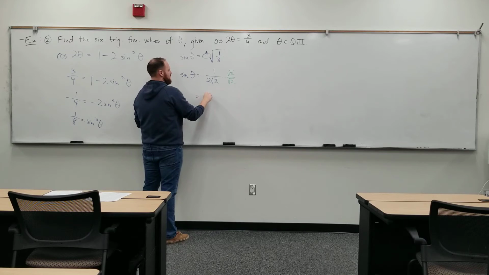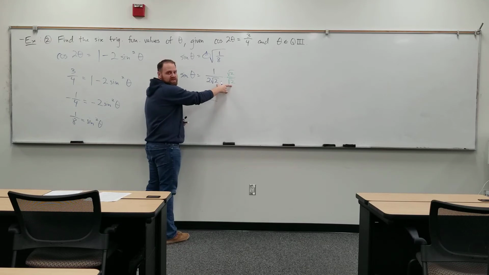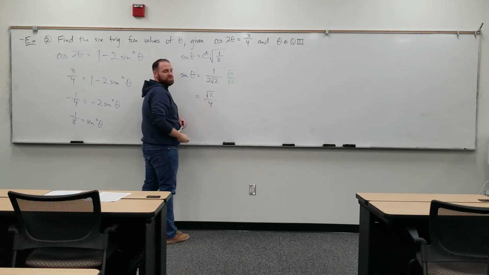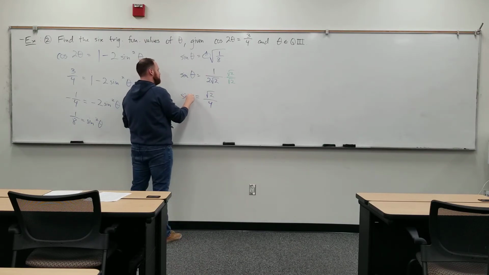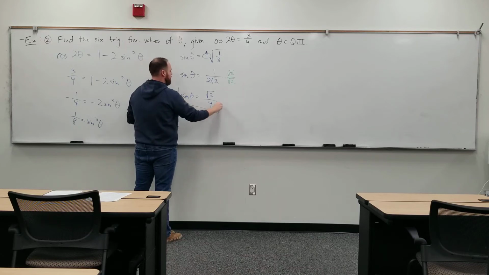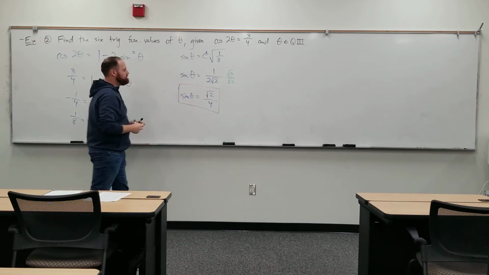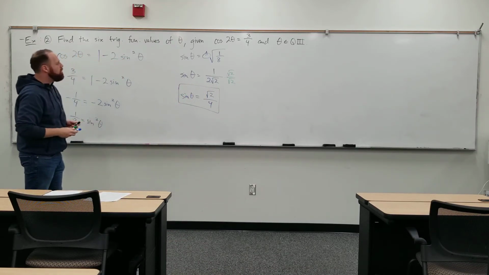Then we get root 2 over root 2 times root 2, which would be 2, and then 2 times 2 is 4. So I think you get root 2 over 4 when all is said and done. And there's sine theta, root 2 over 4.